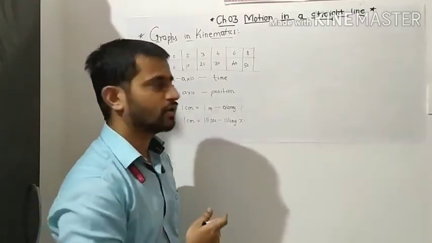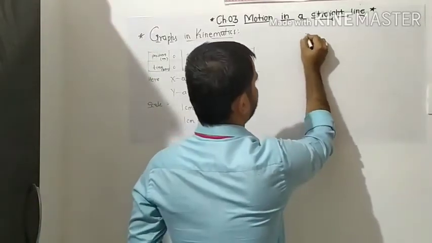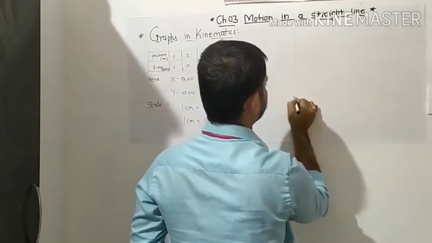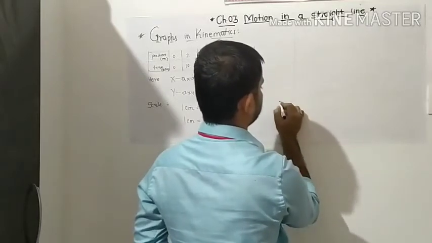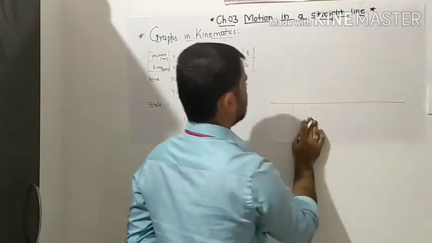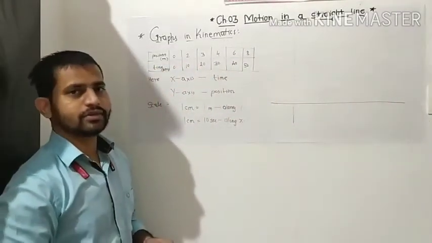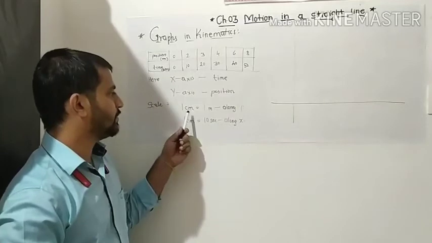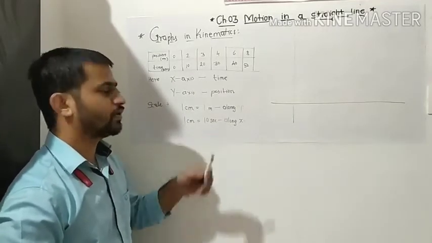Now if I draw a graph, my condition is that 1 centimeter is equal to 10 seconds along the x-axis.